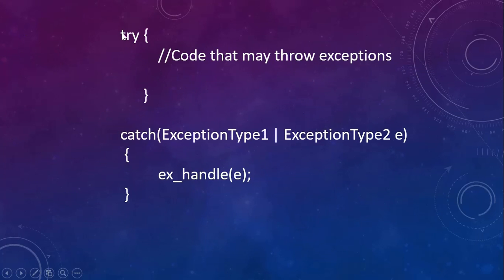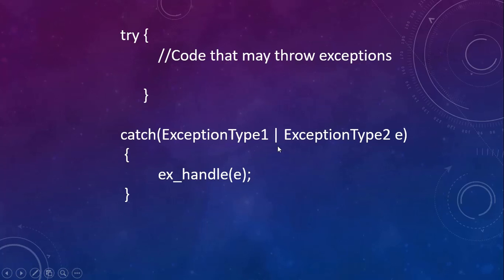Now you see I have a small code here. This is a try block. The code that might throw an exception will be written within the try block. Now I have written a single catch block. So this is exception type 1. There is a pipe that I have drawn here, exception type 2, and so on. So in a single catch block, the block can now accept or catch any kind of exception that is separated with a pipe, or.